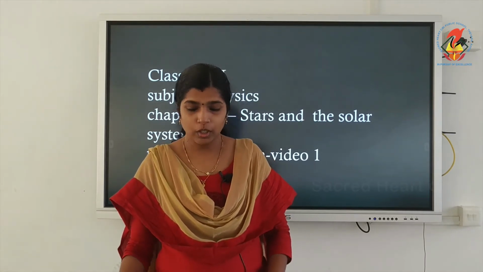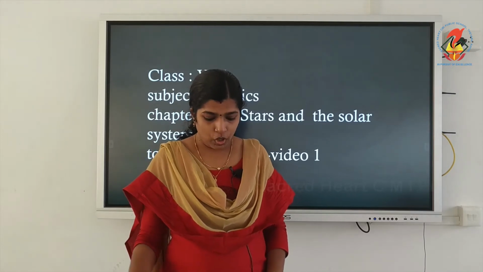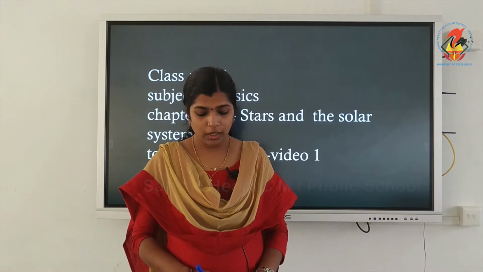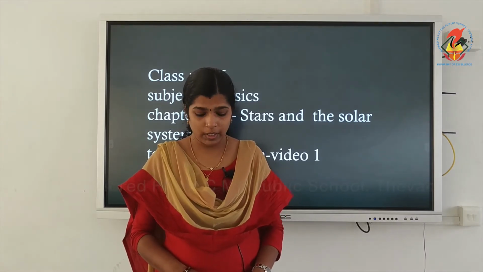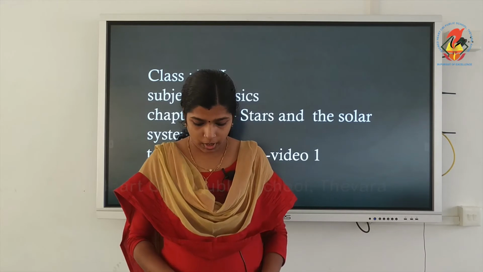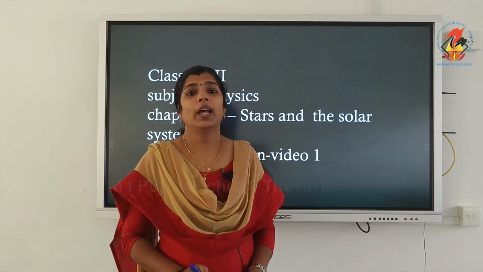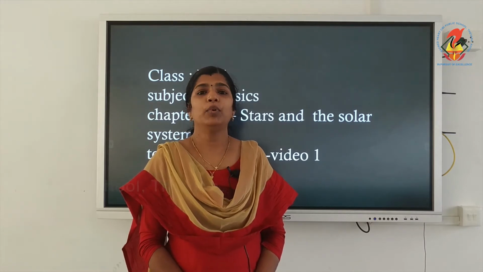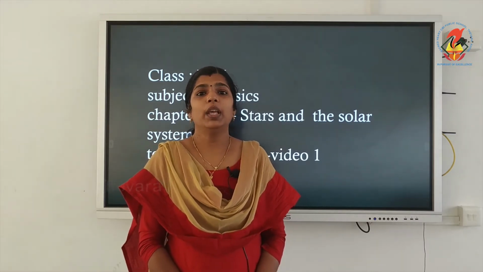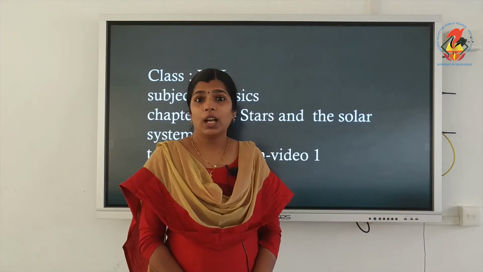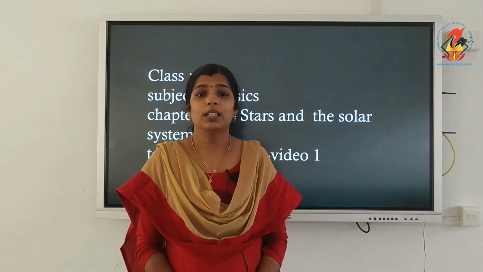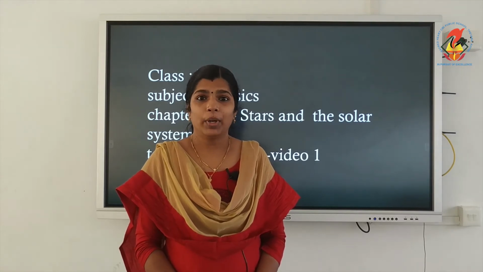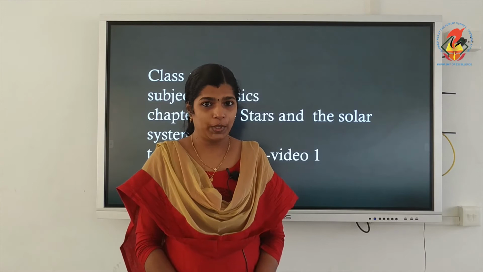People who study the universe are called astronomers, and the most important instrument used by astronomers is the telescope. With the help of this telescope, they are able to view the stars and other celestial objects, and they study them.